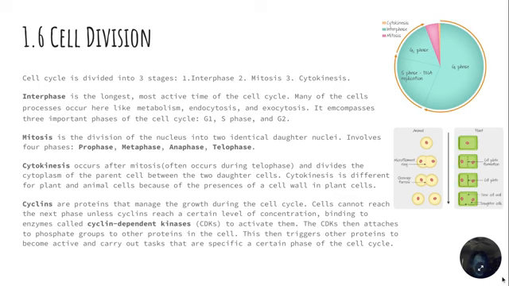The CDKs then attach phosphate groups to other proteins in the cell, which then triggers other proteins to become active and carry out tasks that are specific to a certain phase of the cell cycle.